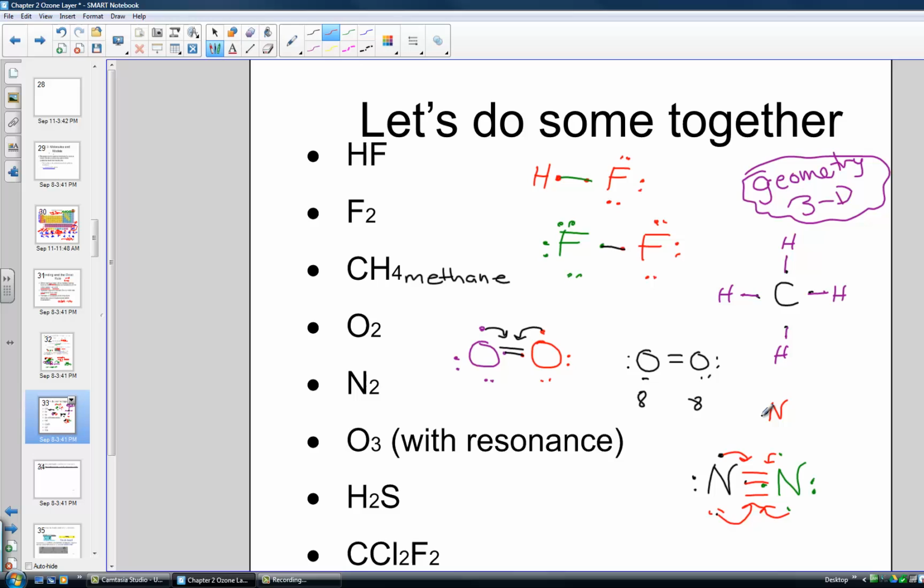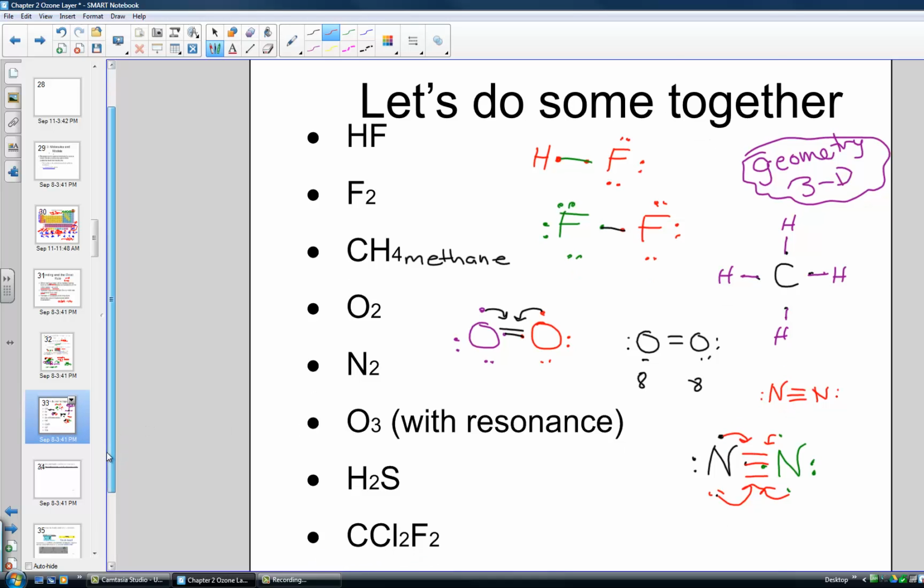So to clean that up, you have N, triple bond N, 2, 4, 6, 8, 2, 4, 6, 8 on each of the nitrogens by sharing 3 sets of pairs. There's nothing bigger than a triple bond, by the way.